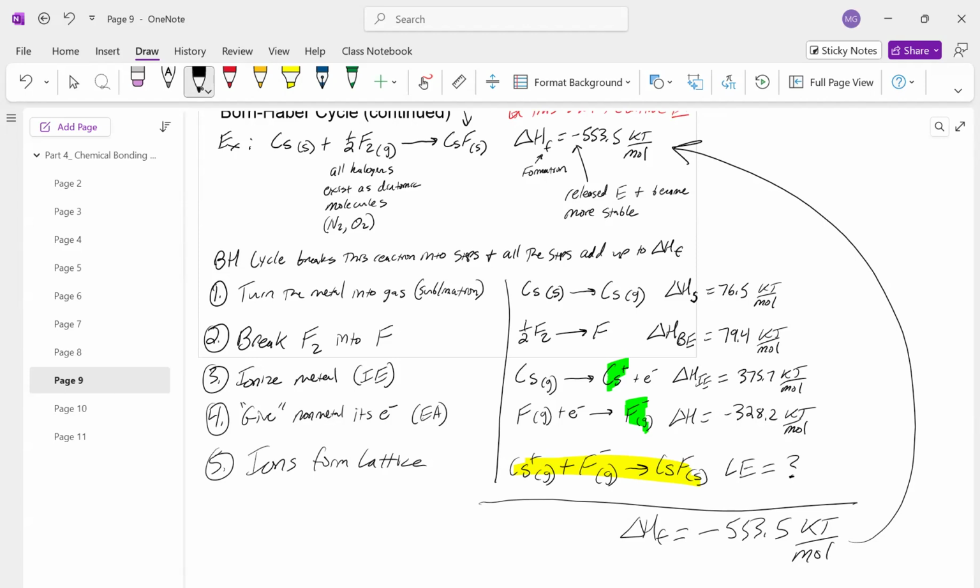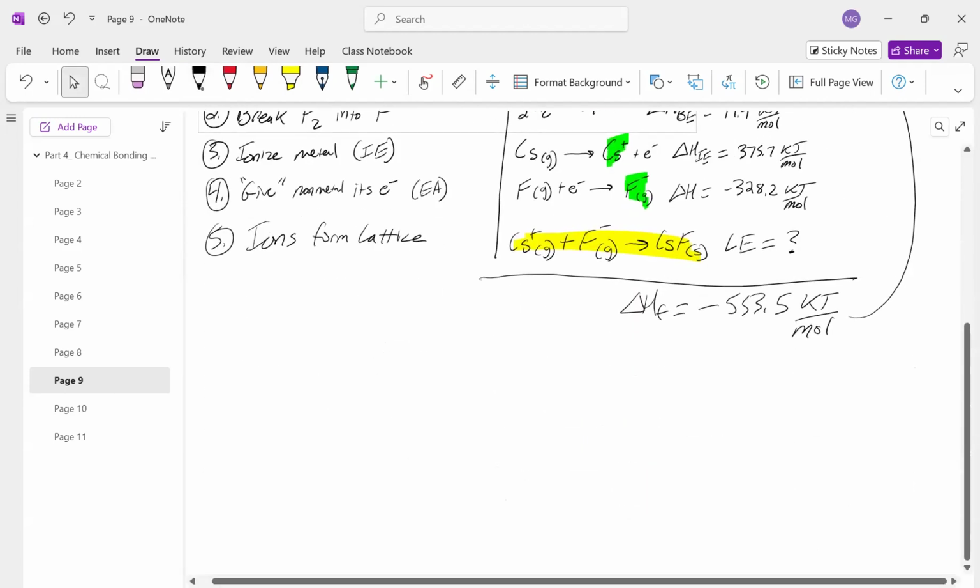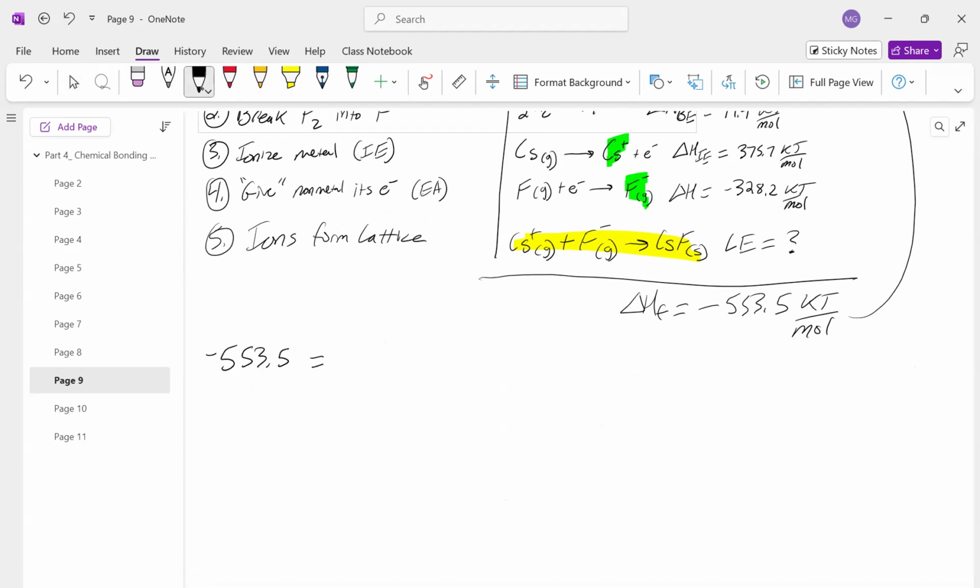So I have all of these numbers, and I have one unknown. Let's just put it all in a mathematical formula. So it should all add up to this. I'm going to take all the numbers I have, and then I have X. X is just my lattice energy that I'm going to solve for.